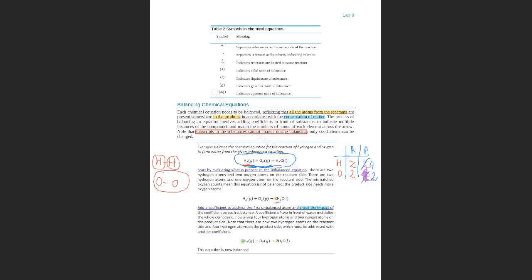Now I look and I ask, is this equation balanced? The oxygen is balanced, but the hydrogen is not balanced. Again, on the reactant side, I have a 2. On the product side, I have a 4. So what do I need to do? Look what they are doing. They add the green 2 in front of hydrogen.